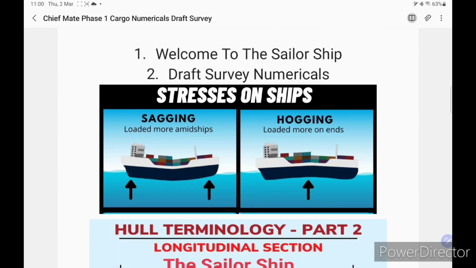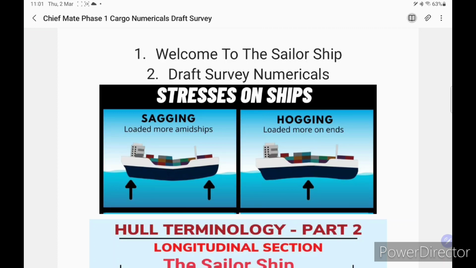Okay, so first you understand hog and sag. This is very important because some numericals will give the hog and sag. Sag means loaded more in midship, and less cargo in the forward and aft. And in hog we are loaded more on the forward and aft, and less cargo in the midship.